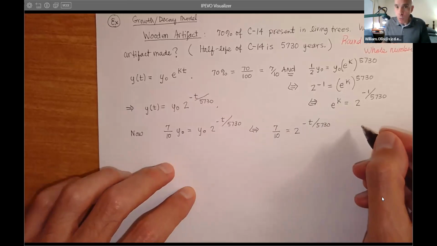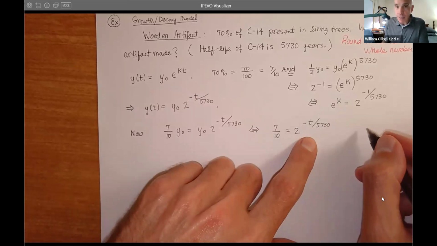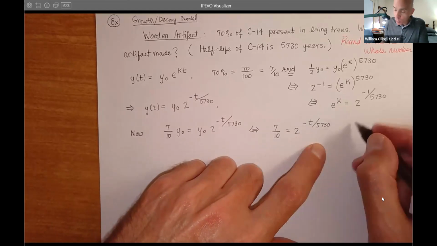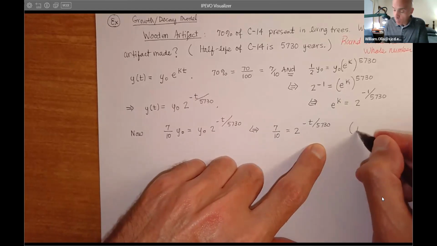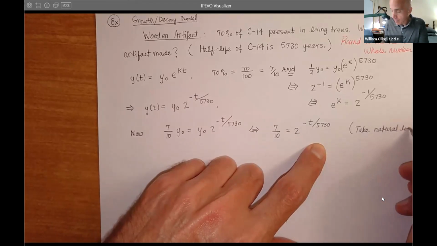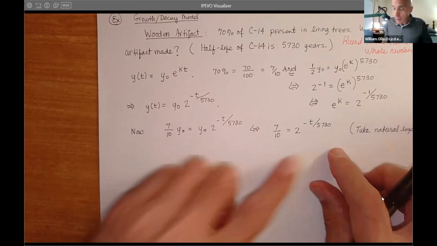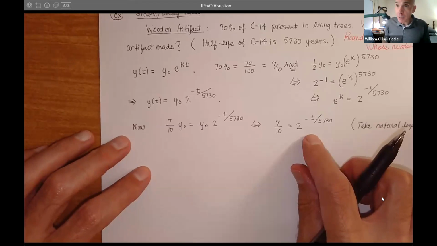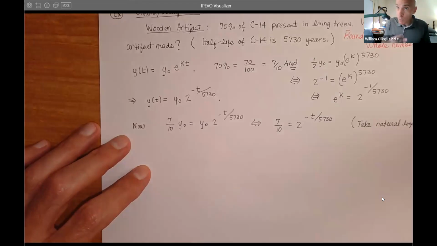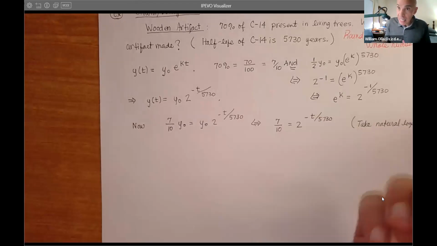Now, just like before, you could take a base 2 logarithm here, but since we're going to have to approximate, go ahead and just take natural logarithms, just like we've done before, to make it a little bit easier. Take natural logs. Again, base 2 is fine, but the Google calculator doesn't do base 2, so we'll just go ahead and do base e for ease.